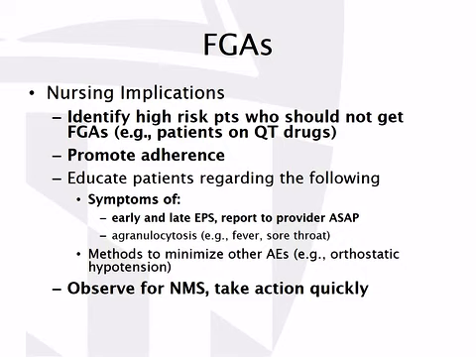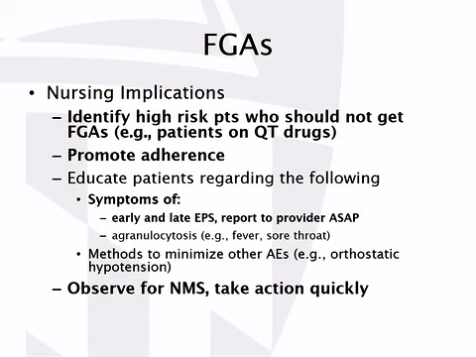Okay, so let's discuss the nursing implications for the first generation antipsychotics. Obviously, in all cases with medications you're about to administer, you want to identify high risk patients who shouldn't get that particular drug. In this case, there are a handful of patients for whom you would not want to administer the first generation antipsychotics.